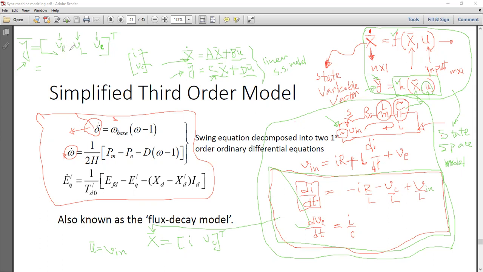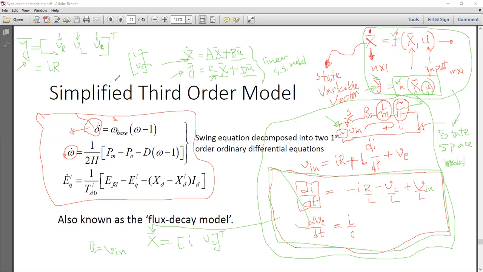So first question, can I represent VR as a function of I and VC or some constant? Yeah, I can. So VR is simply I into R, right? Yes, sir. So if the value of R is known, let's say 5 ohms, then it's done. We are done. The first Y1 is done.